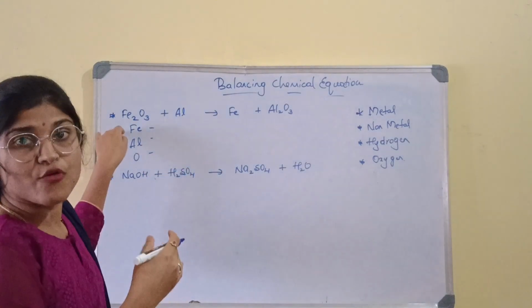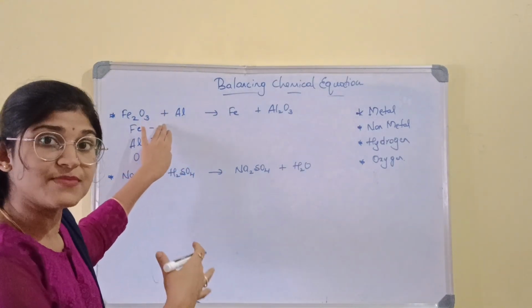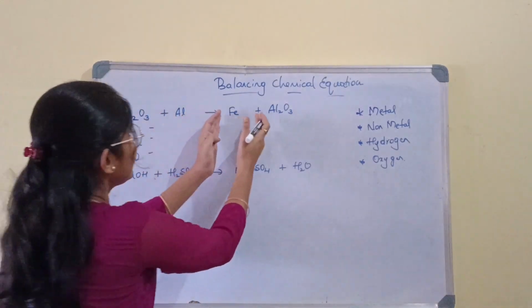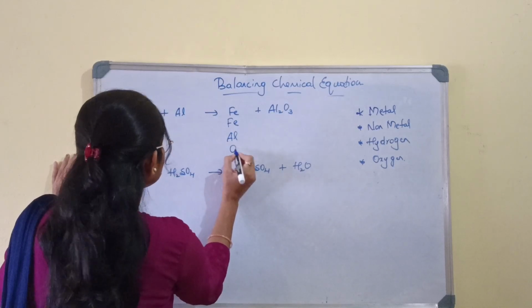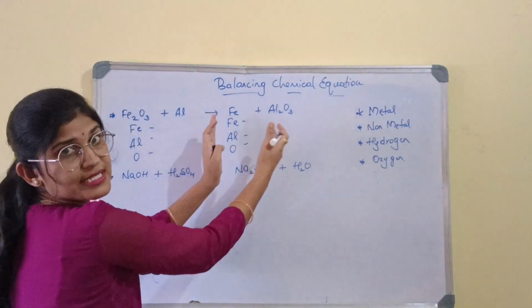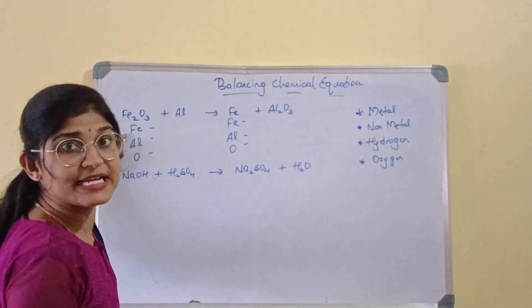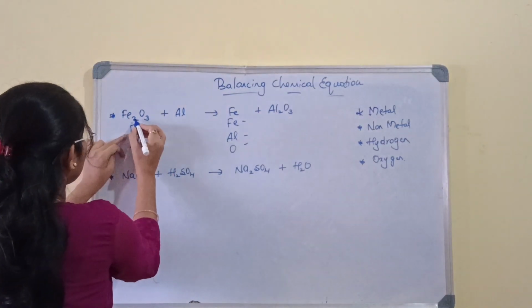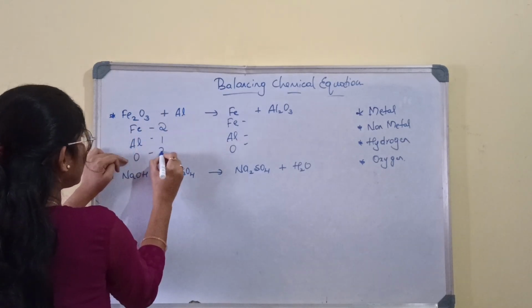Write down the elements present in the reactant side, and next write the elements present in the product side. Now write how many atoms of iron are present in the reactant side: iron 2 atoms, aluminium 1, oxygen 3.